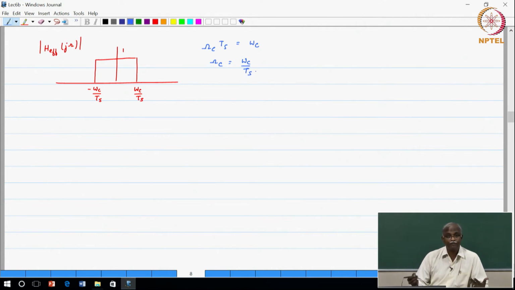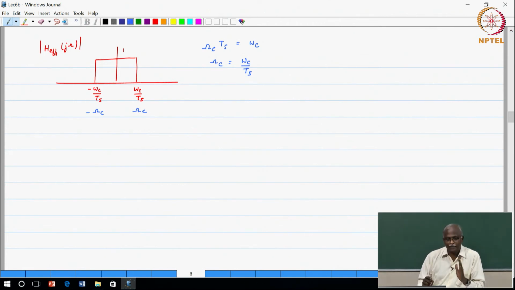That is how you would specify a low pass filter in continuous time with a cutoff frequency. So, this would be minus omega c, this would be omega c. Again, I am repeating the notation so that we are comfortable drawing a particular spectrum and labeling it either in continuous time or in equivalent discrete time notation.